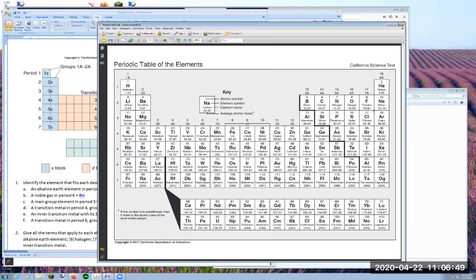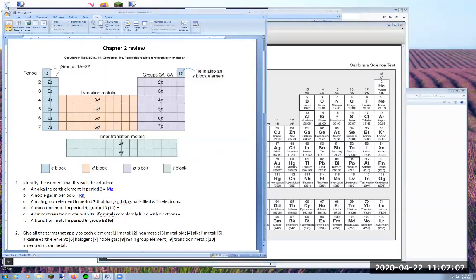So look at the third period, third row, main group element, that has p orbitals half filled with electrons. It has to be in the p block. If you look at the p block here, it's on the right. So it cannot be from group 1A or 2A because these are in the s block. So you want an element from group 3A to 8A.